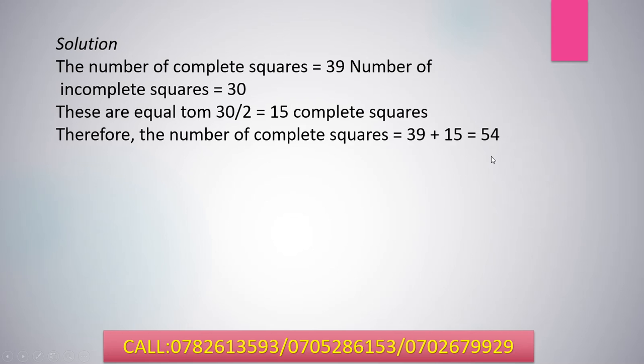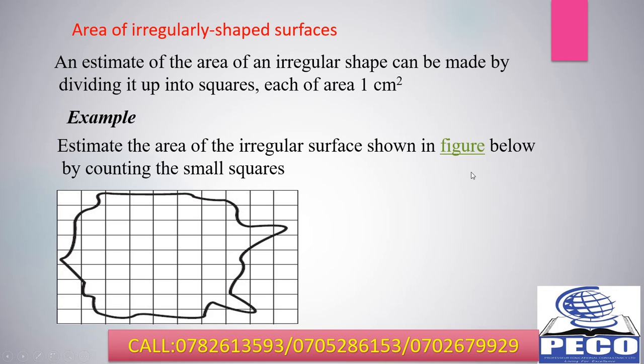So if I take you back to this, these are the full squares. 1 2 3 4 5, 1 2 3 4 5 6. If I multiply this by this I get 30.